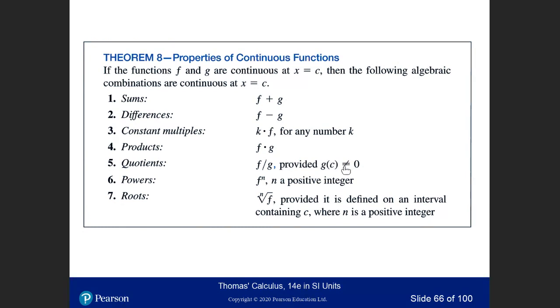Of course, here g of c must not be 0. If n is a positive integer, the nth power is continuous. And the root, if f of c exists, is continuous. If f is negative, the root may not exist. So continuity rules are like limit rules. Continuity is based on the limit, so the rules are similar.